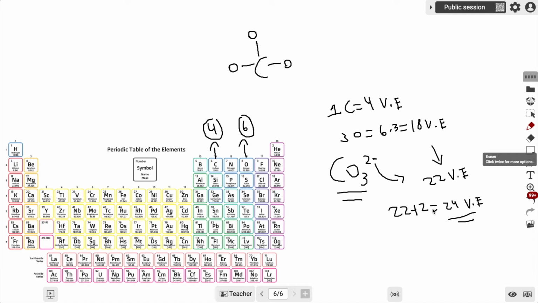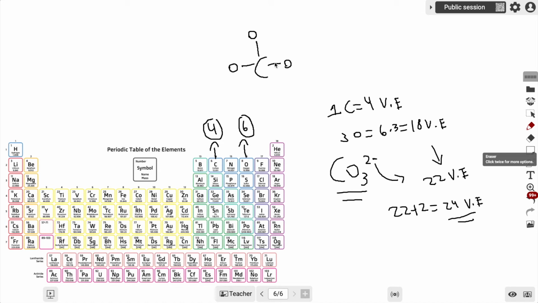Okay, 2 steps done. We're almost there. Now all we need to do is see the organization of the bonds. And one thing I should have mentioned earlier, in fact, in my slideshow, was that each bonding pair, for example, this carbon bonded to this oxygen, represents 2 valence electrons. So 2, 4, 6.